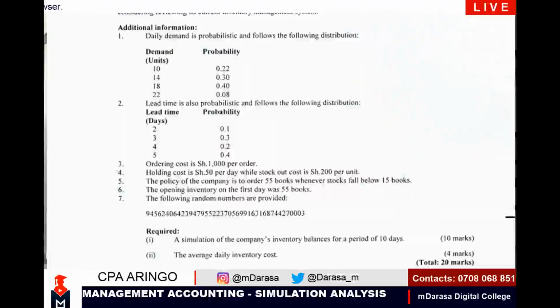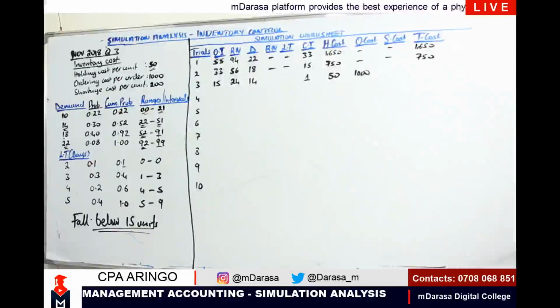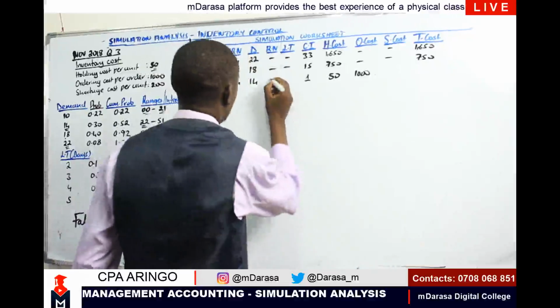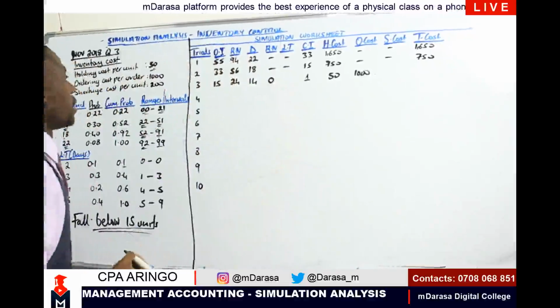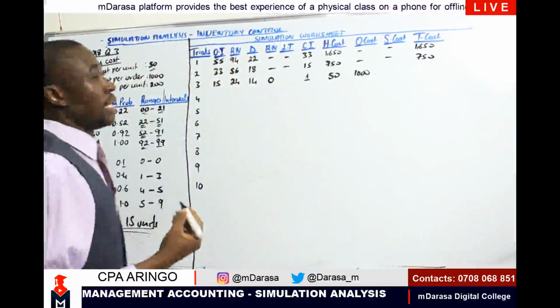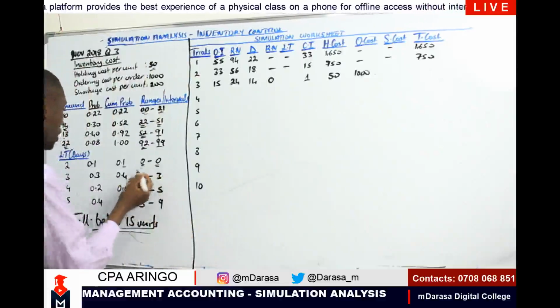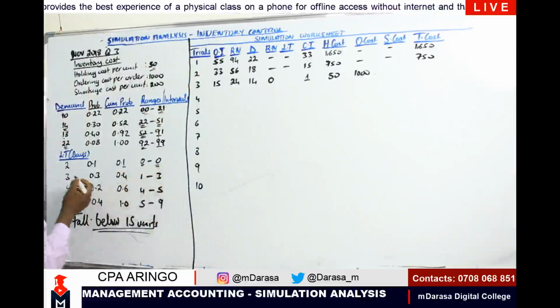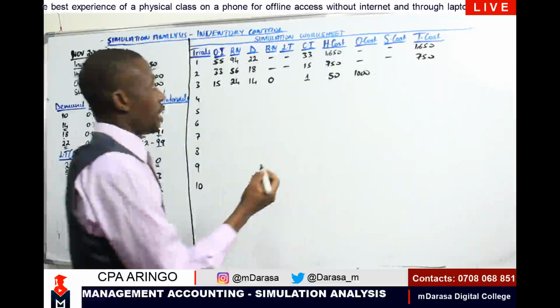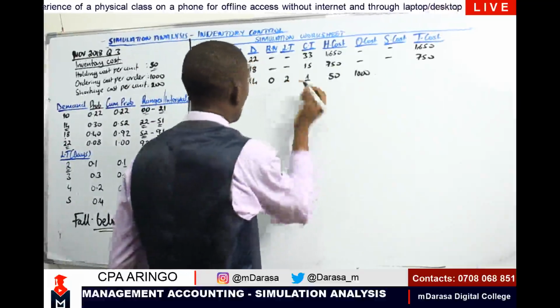After 24, I can clearly see I'm having 0 because I'm taking a single digit. So I'm going to have 0 being our random number. And at 0 being our lead time, where will 0 fall in our range? 0 will fall in between 0 and 0 to give us a lead time of 2 days.